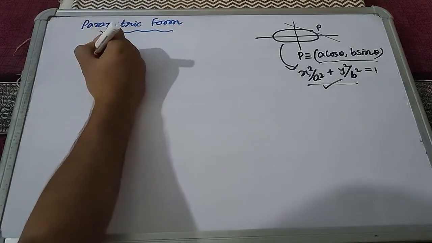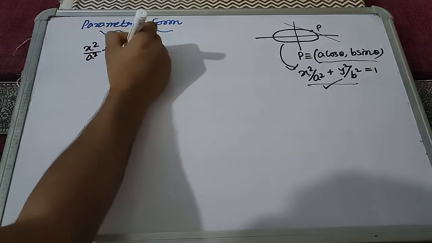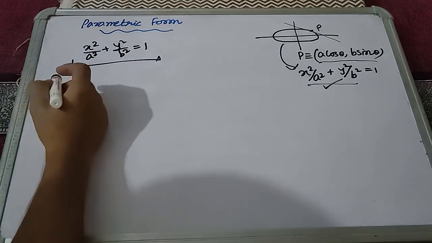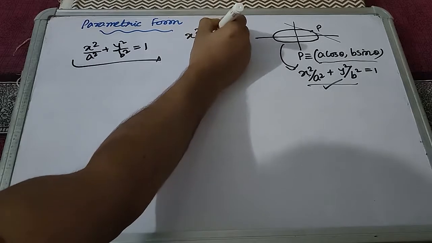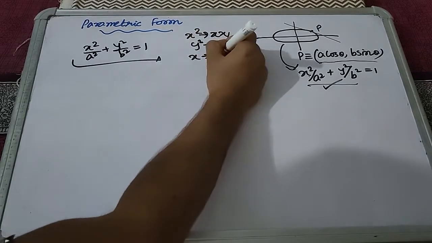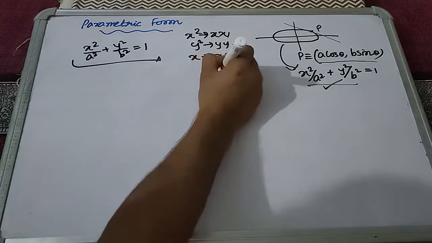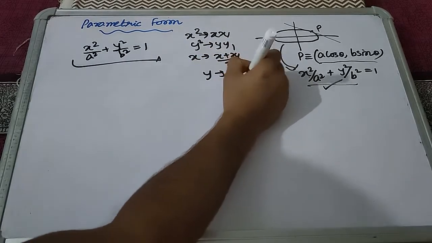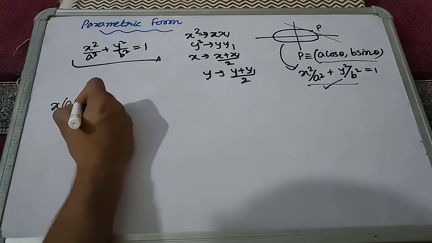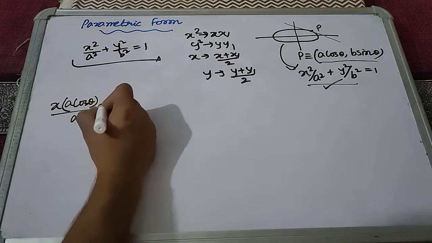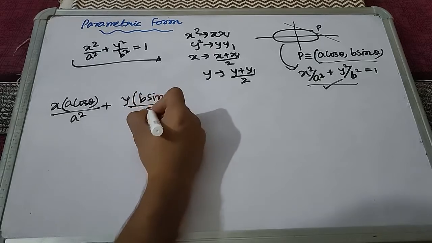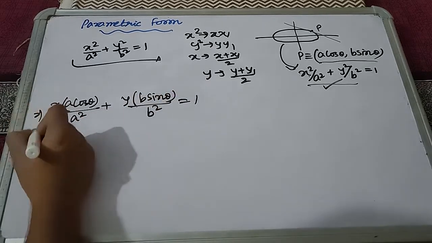So let me write the equation of the ellipse first: x square by a square plus y square by b square equals 1. Now make this into the equation of a tangent. x square becomes x x1, y square becomes y y1, x becomes (x plus x1) by 2, which won't be used here but still you should keep in mind, and y becomes (y plus y1) by 2. So x into x1, what is x1? a cos theta, by a square, plus y into y1, what is y1? b sin theta, by b square equals 1.